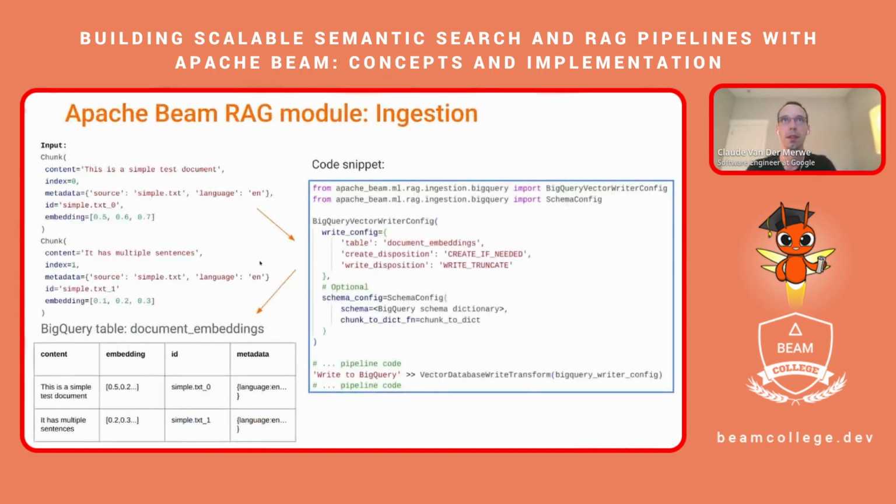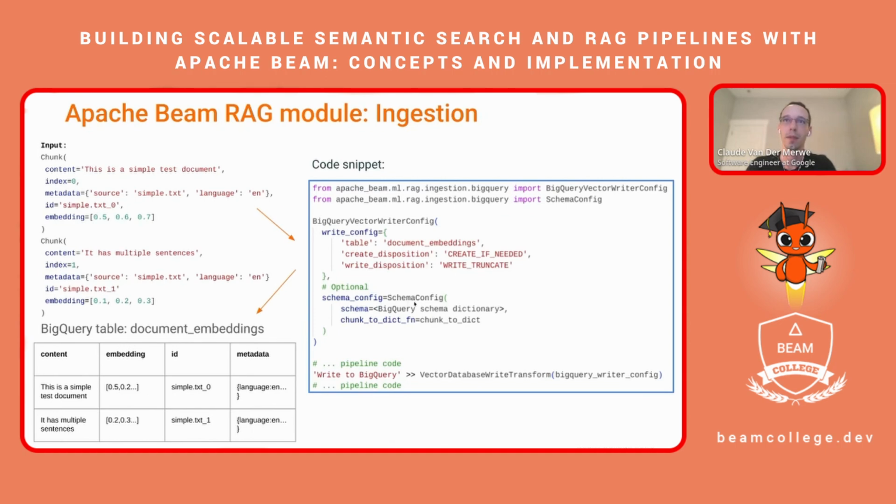Okay, so now that we have chunks with embeddings, how do we ingest them into our database? So for this part, we import our desired vector database configuration from the RAG ingestion module. We configure it with the table name we want to write to and some additional options. So create a table if it doesn't exist. If it exists, override it.